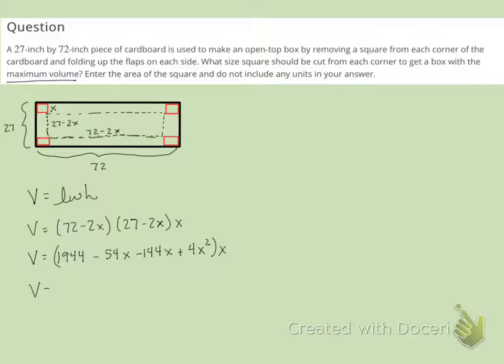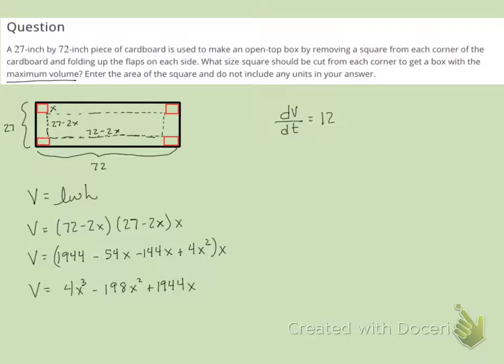And so if I distribute that x and combine like terms, I'll have 4x cubed minus 198x squared plus 1944x.